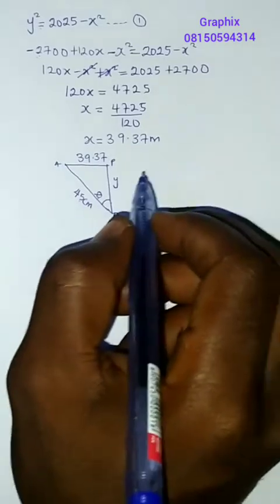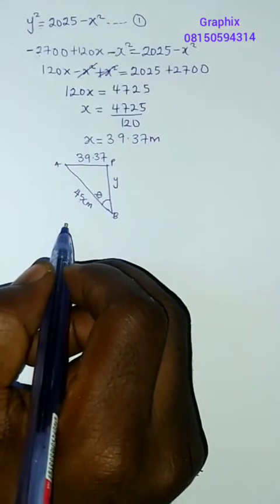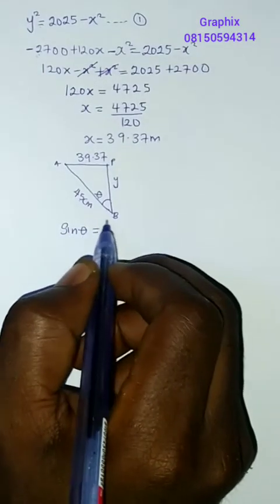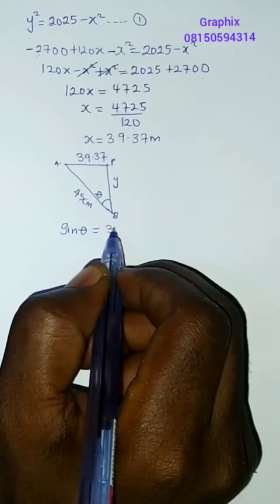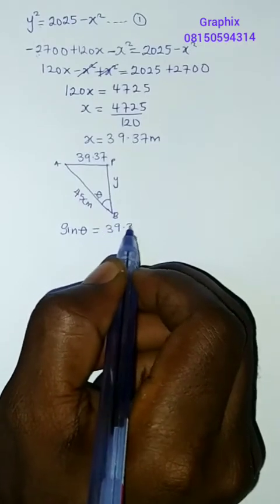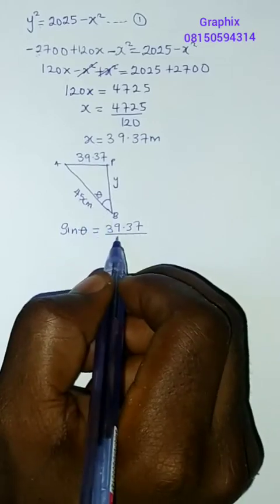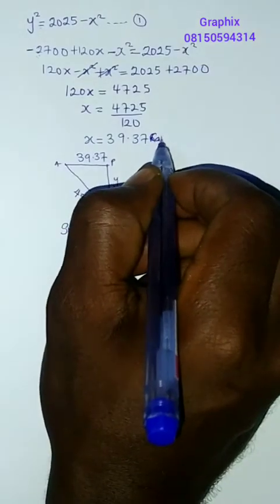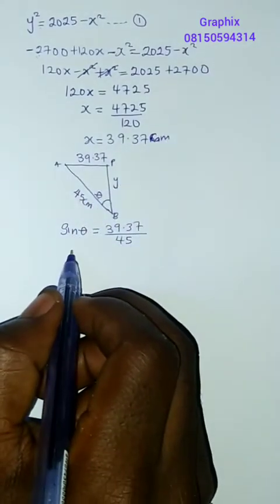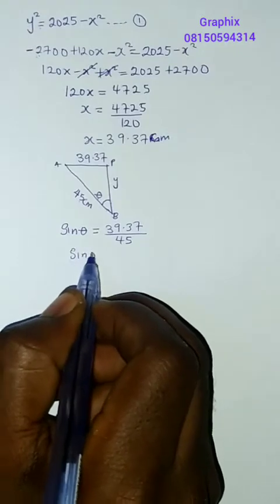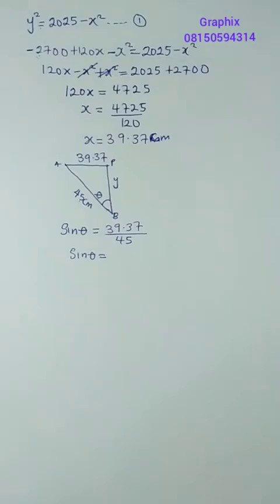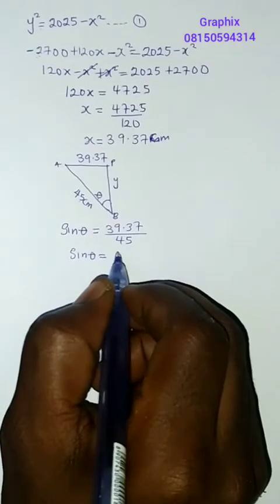So I will use SOH. So sine theta is equals to what? Opposite, which is 39.37 over hypotenuse, which is 45 centimeter. Don't make that mistake, centimeter. So my sine theta will now be equals to 39.37 divided by 45. Divided by 45, we have 0.875.